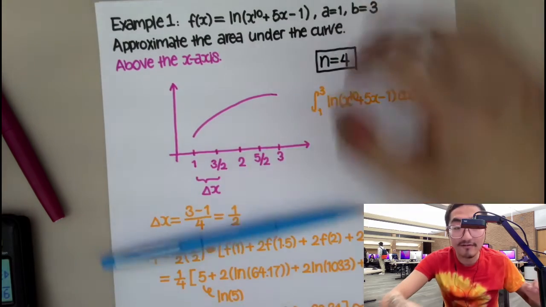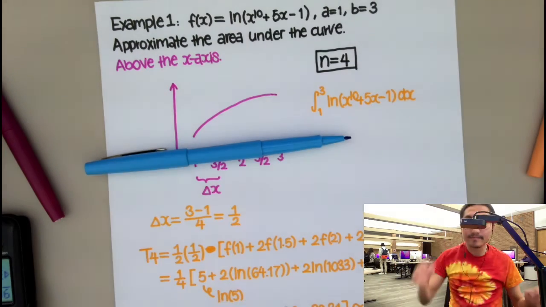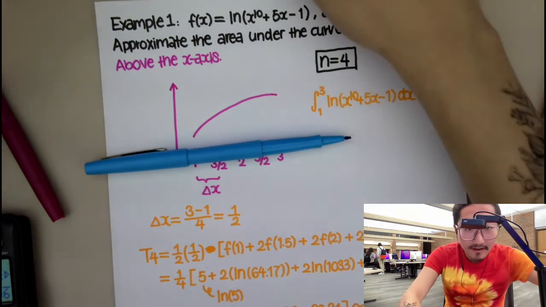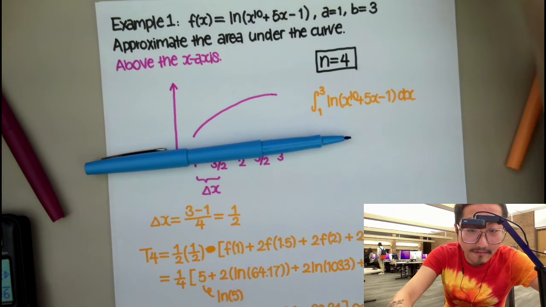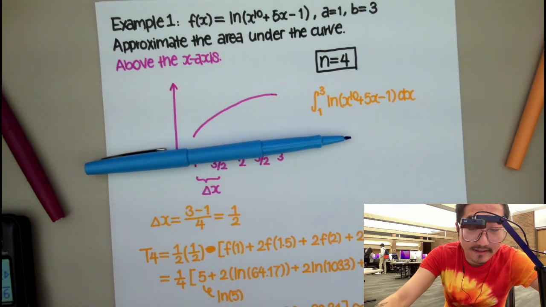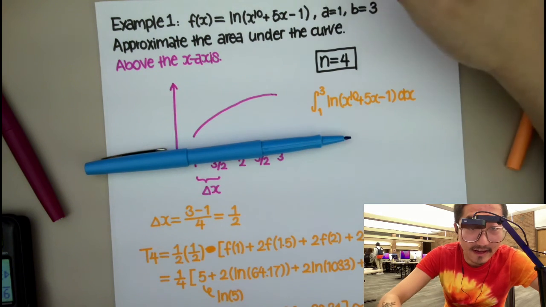Now we compute the actual value. The actual value is the integral of the natural log of x to the 10th plus 5x minus 1 dx.